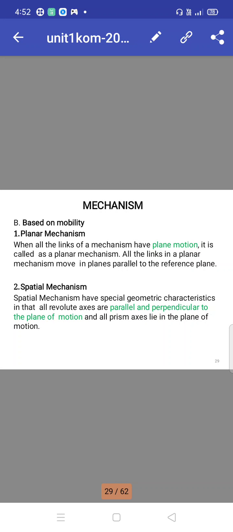All the links in a planar mechanism move in planes parallel to the reference plane. Then spatial mechanism has special geometric characteristics in that all revolute axes are parallel and perpendicular to the plane of motion, and all prism axes lie in the plane of motion.